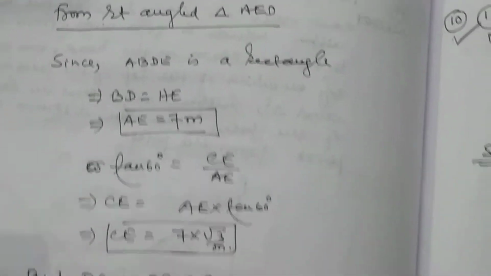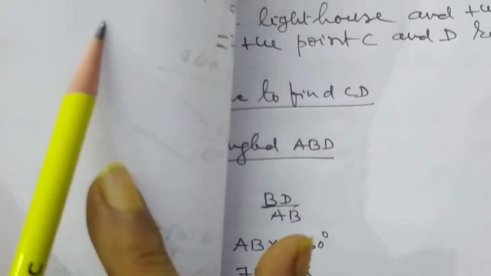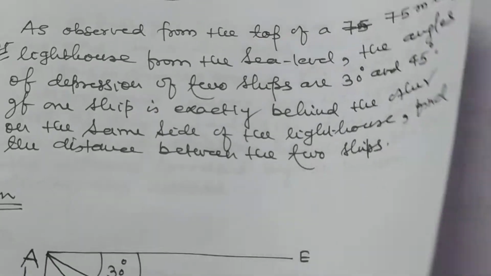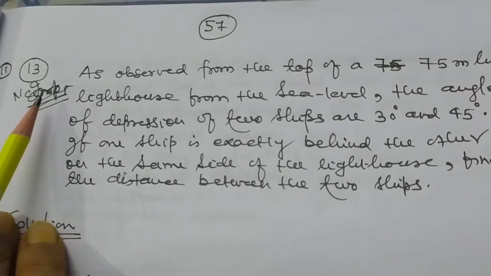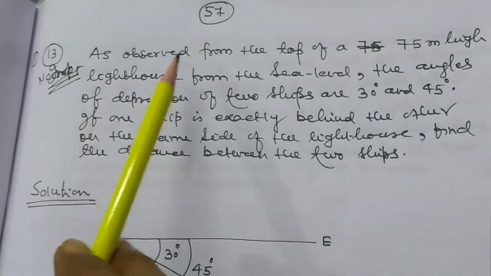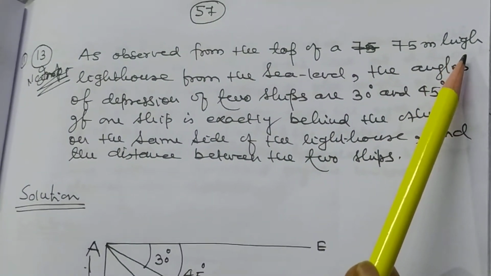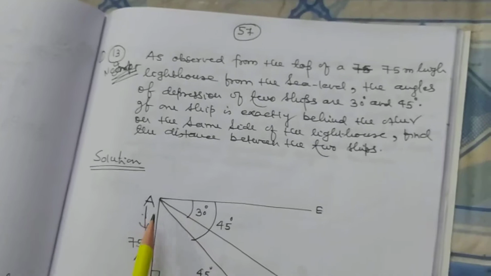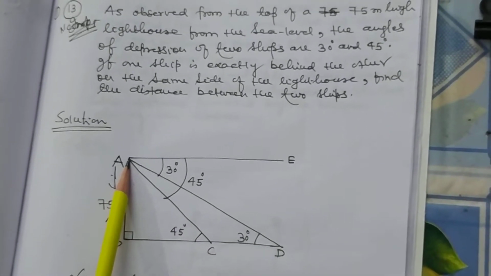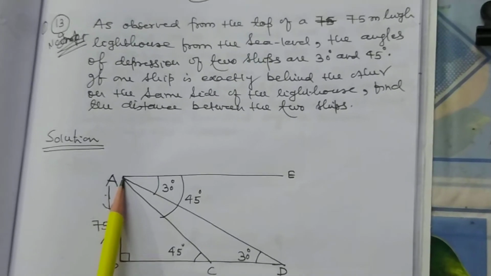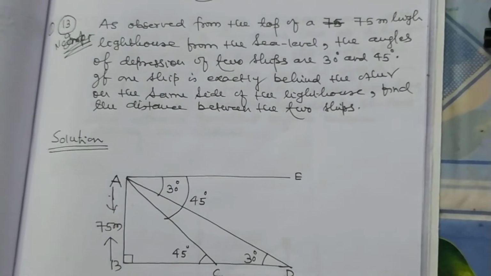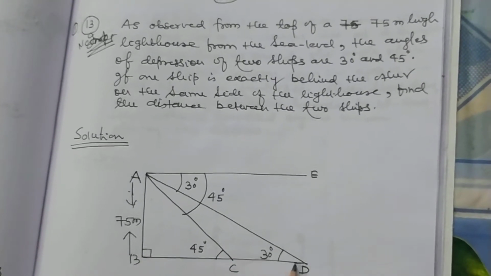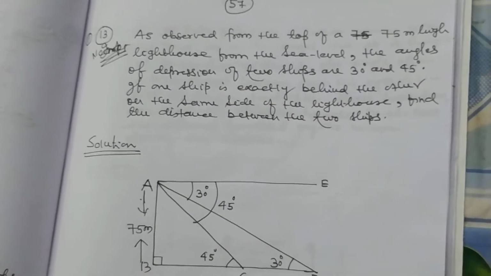My dear students, in this way we can solve problem number 12 of NCERT and problem number 10 of study material. Now I want to solve problem number 13. As you observe, from the top of a 75 meter high lighthouse, this is a 75 meter height lighthouse, from the sea level, the angles of depression of two ships, C and D, are 30 degree and 45 degree.